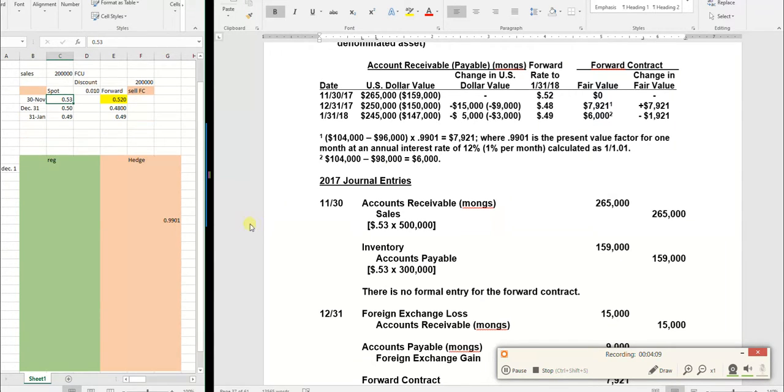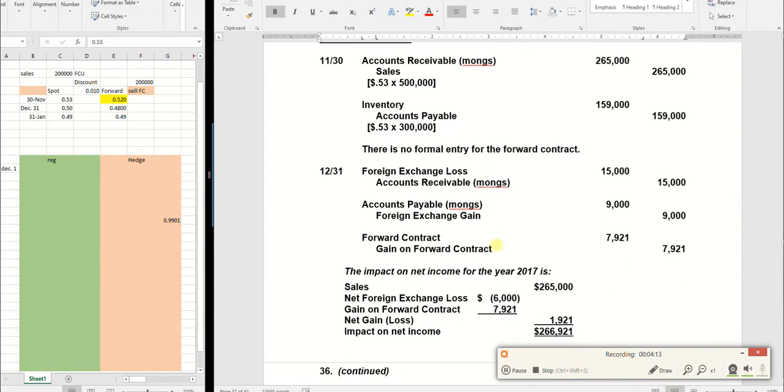The next time, on December 31st, I'm again going to have two entries on the regular side. I need to adjust my accounts receivable from 0.53 to 0.50, so it's going down by 0.03. So 0.03 times 500,000 is 15,000, so my accounts receivable is going down.